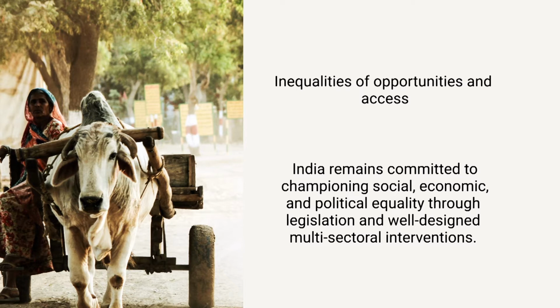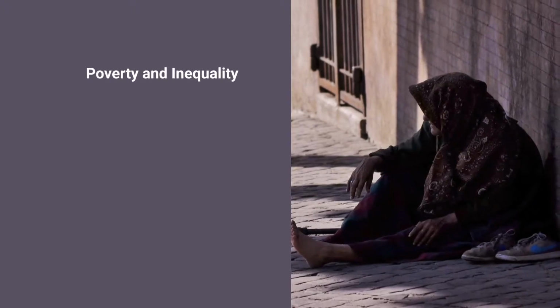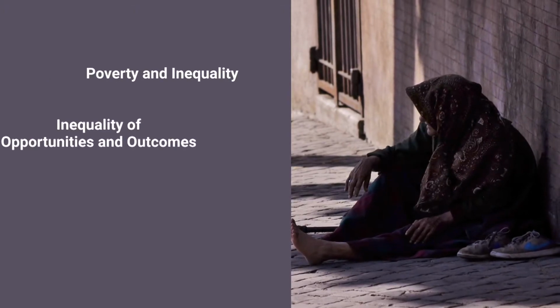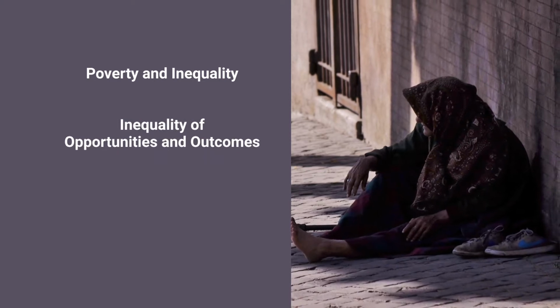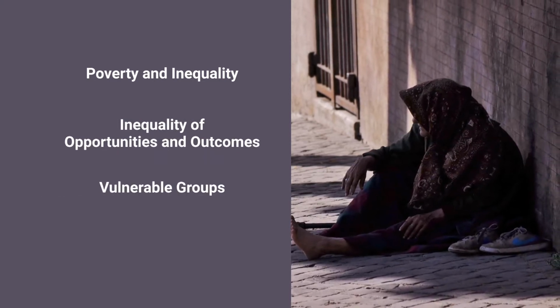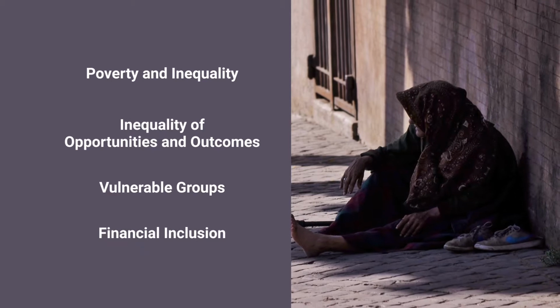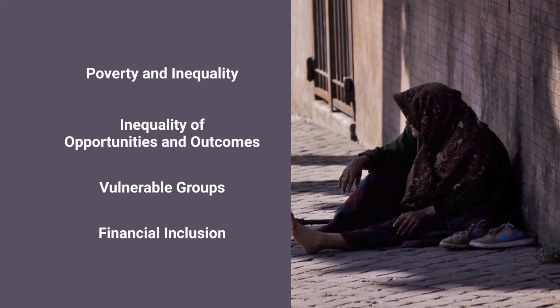So, the approach India is taking to achieve these goals on inequalities can be looked into through the lens of poverty and inequality, inequalities of opportunities and outcomes, then vulnerable groups, and last we can look into financial inclusion.